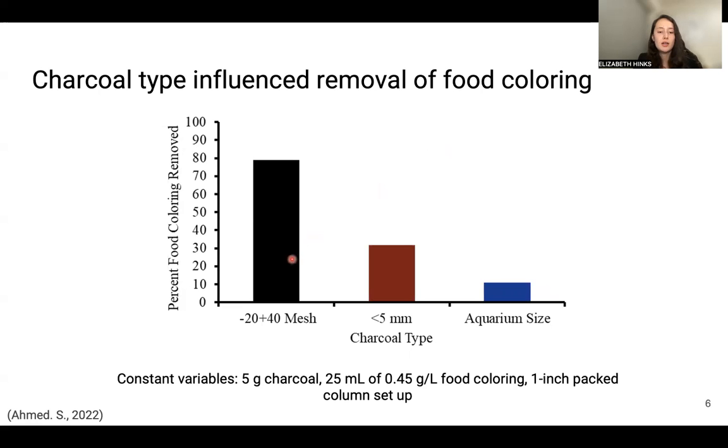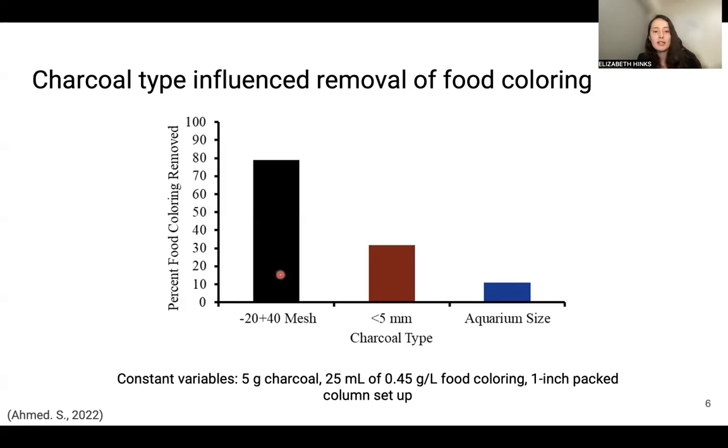We can see here the smallest charcoal type used, 20 to 40 mesh. Then we have the mid-size, 5 millimeters, and the largest granules used were called aquarium sized. We can see that for the largest charcoal granules, there is much less food coloring removed than with the smallest charcoal size.